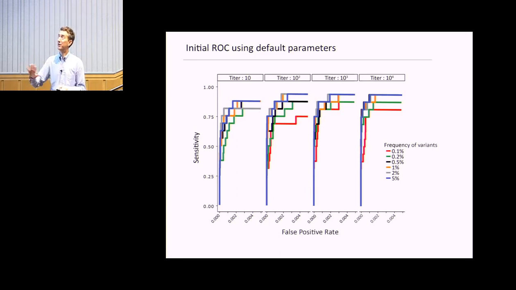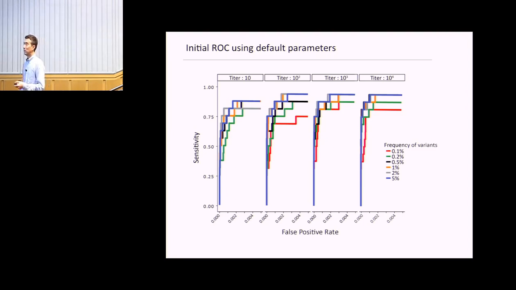Using off-the-shelf default parameters on the variant caller, we can get down to certainly greater than 99.5% specificity. And we start losing sensitivity at lower variants. And then also, of course, when you increase your specificity, you're going to lose your sensitivity. And that's the trade-off that we're looking at.